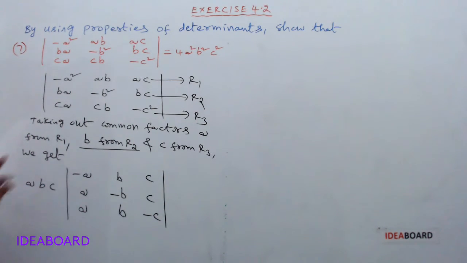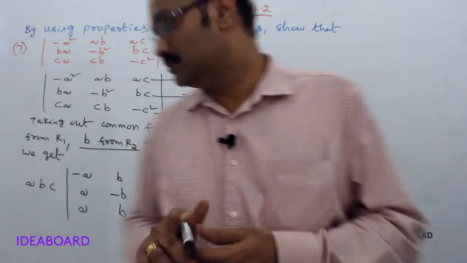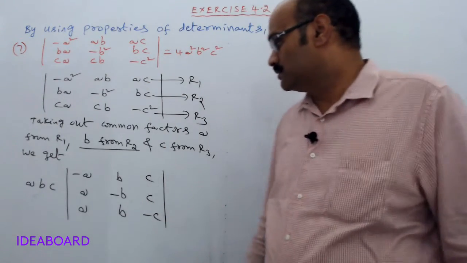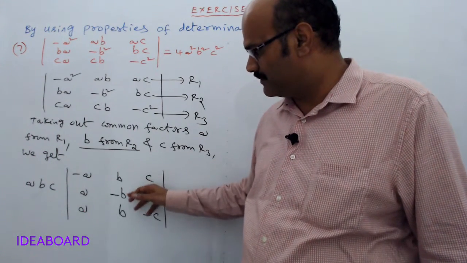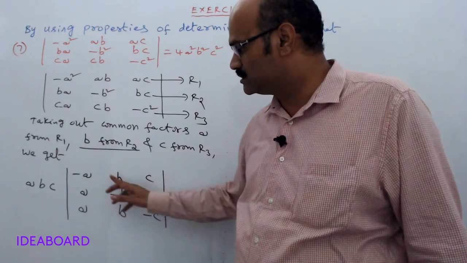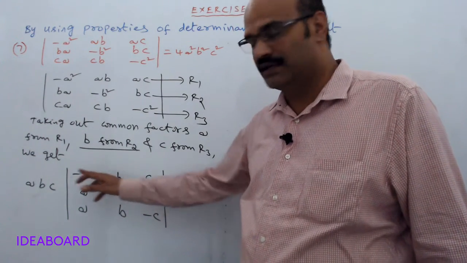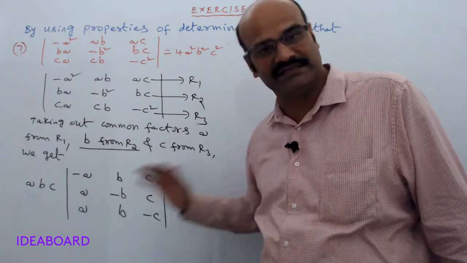Now we know that minus a plus a becomes 0, b minus b becomes 0. So whenever you get two zeros in any row or in any column, the simplification will be very easy.